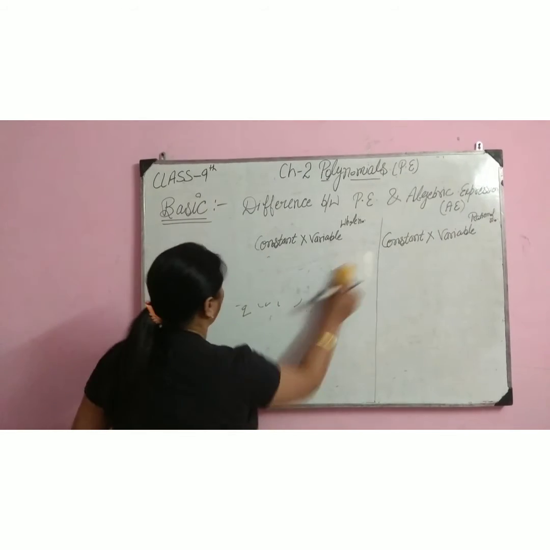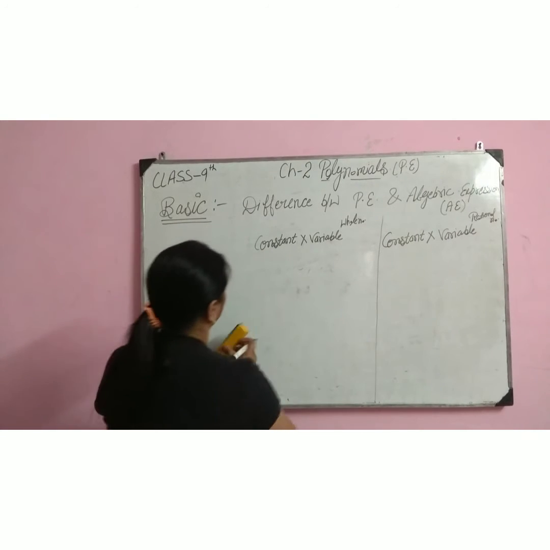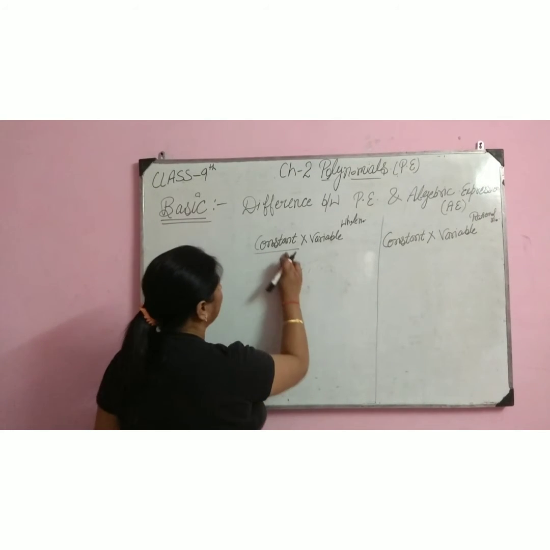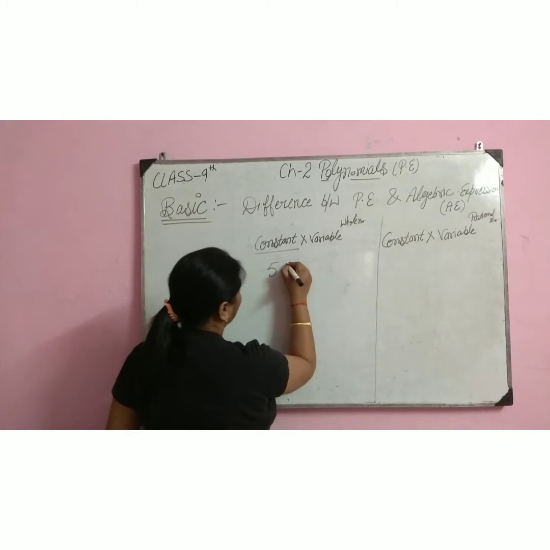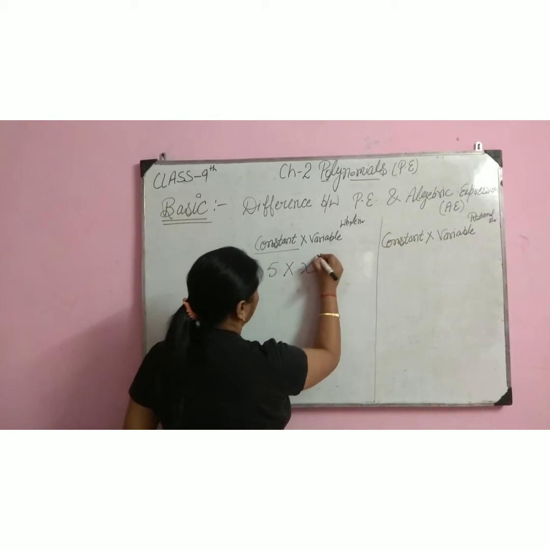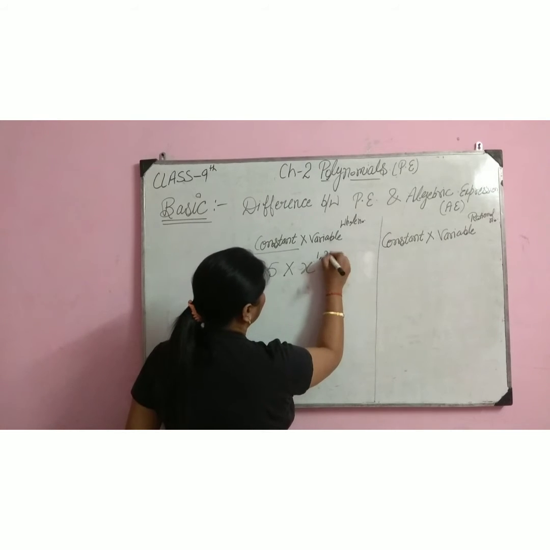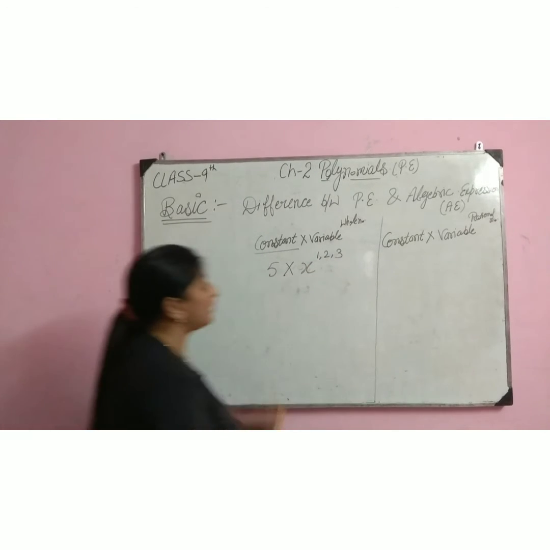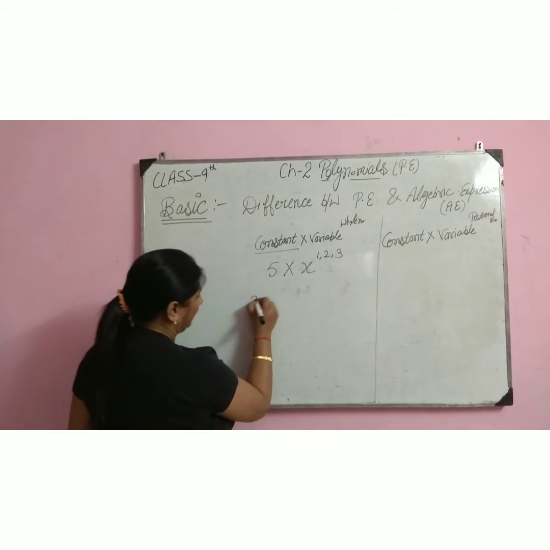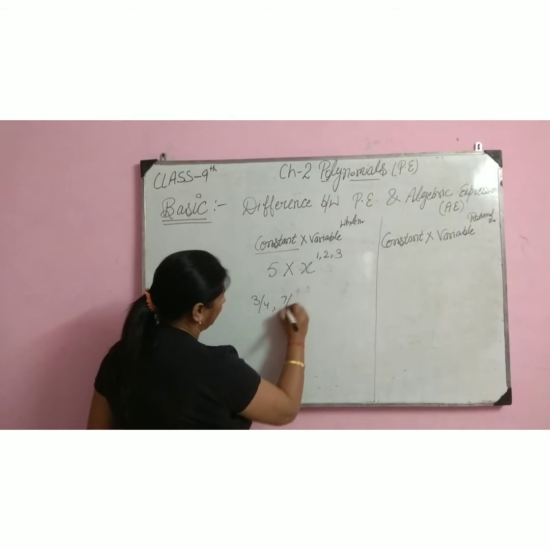Now, how do we write this term? We can write a constant, any number, like 5 into x raised to power 0. You can take the power as 0, 1, 2, 3, but you can't take a fraction like 3 by 4 or 7 by 4.